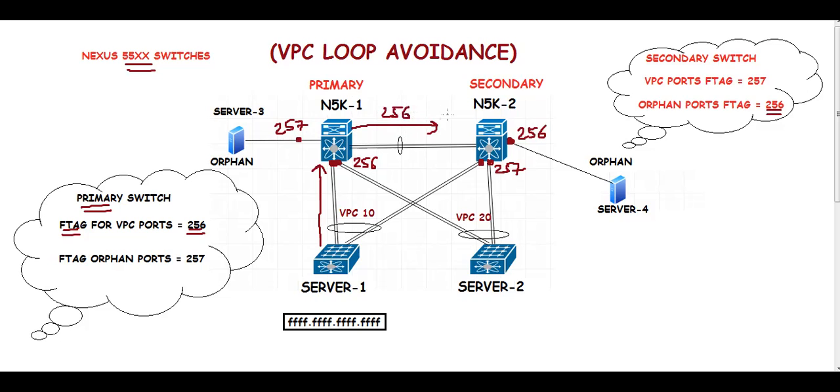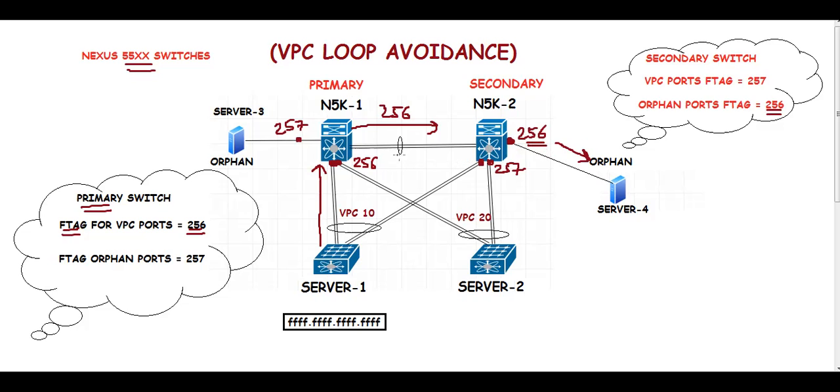When N5K2 receives that frame, it will receive it with the FTAG value of 256, and it is going to broadcast that frame to all the ports which are members of the 256 FTAG group. Only the orphan port is a member of the 256 FTAG group, so in this case only the orphan port is going to receive that broadcast.